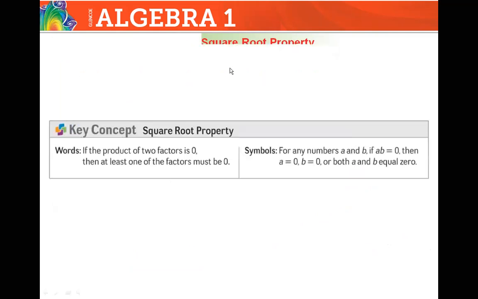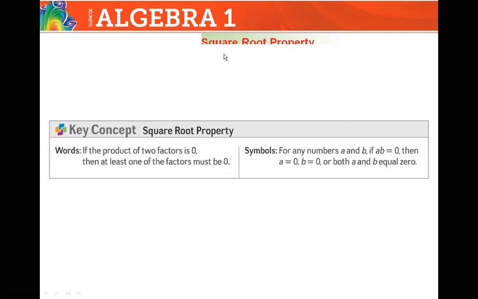This is the second idea, the square root property. It's not a new idea. We talked about it before. If the product of two factors is 0, then at least one of the factors must be 0.